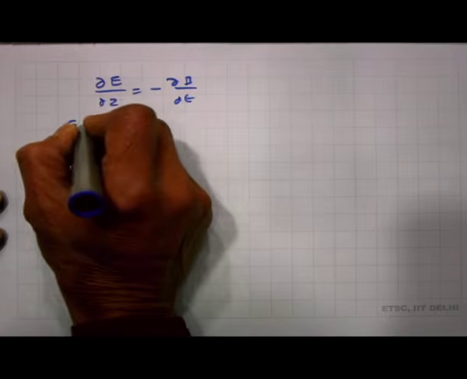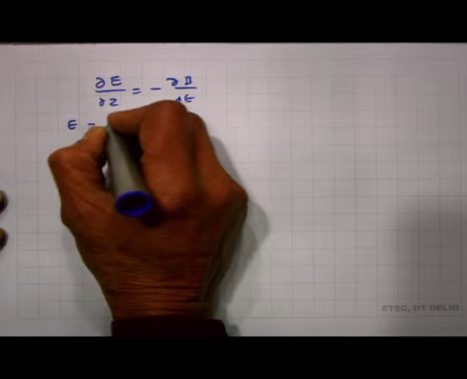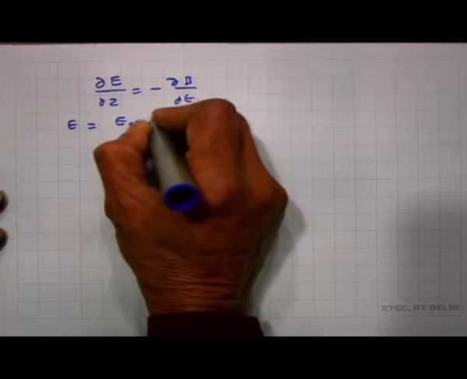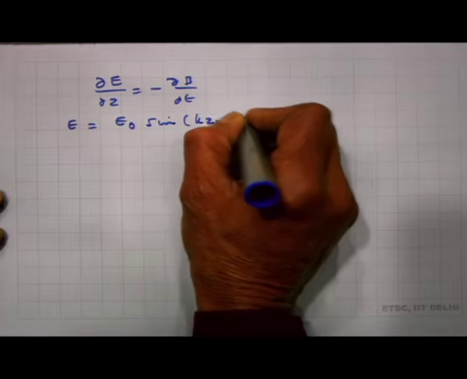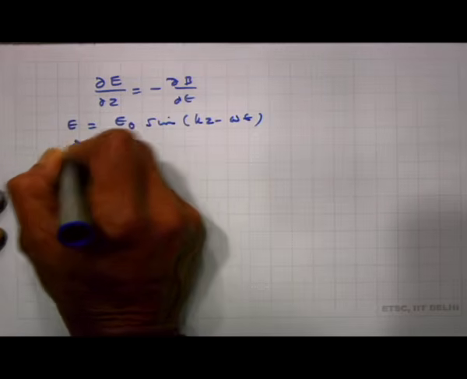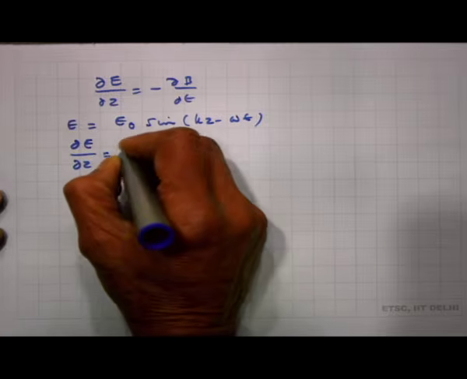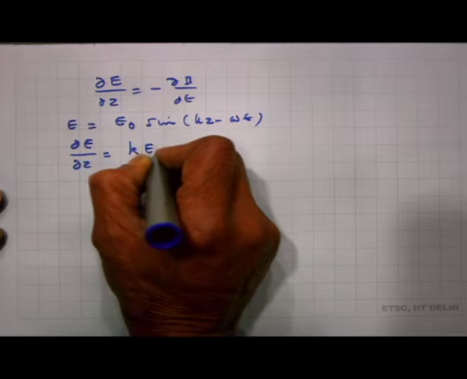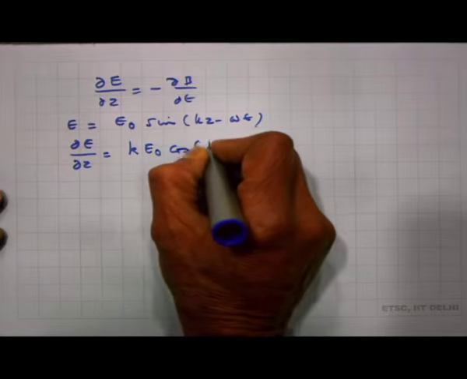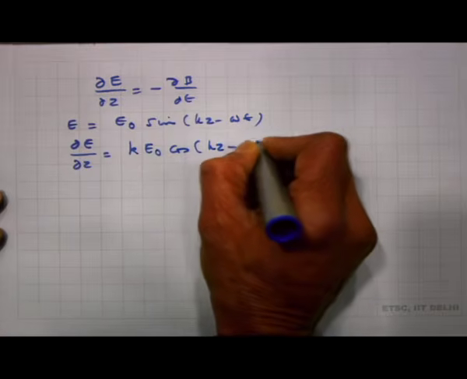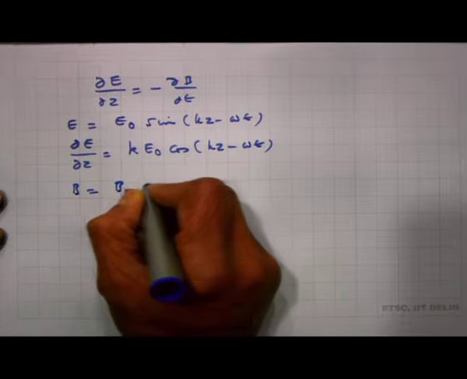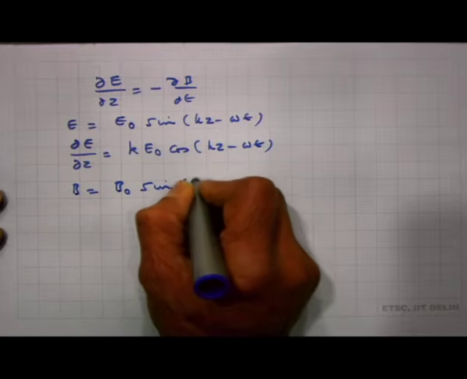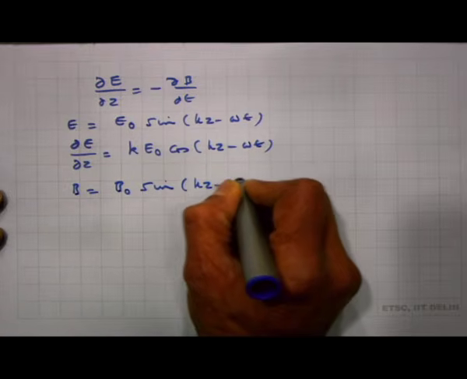Now, E was equal to, in scalar form, E naught sin(kz minus omega t). So, ∂E/∂z is equal to k times E naught cos(kz minus omega t). B was equal to B naught sin(kz minus omega t).